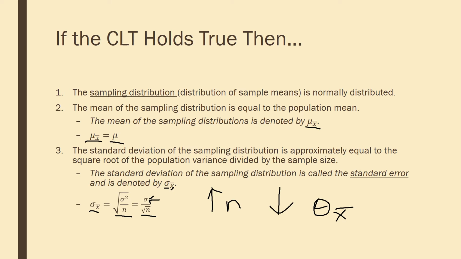That makes our standard error less. And so statisticians say that you can estimate the standard deviation of the sampling distribution by taking this formula, either one, either the square root of the variance divided by n or the standard deviation divided by the square root of n.